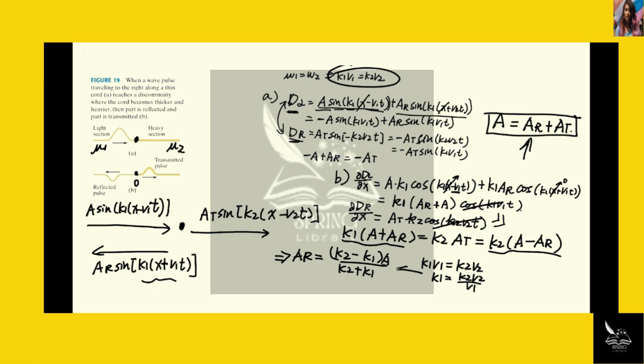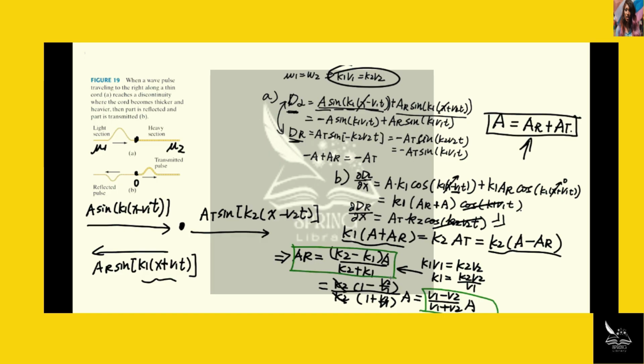If we plug that in, the numerator becomes 1 minus v2 over v1, and the denominator becomes 1 plus v2 over v1, times A. So k2 cancels, and it becomes (v1 minus v2) over (v1 plus v2) times A. This relationship is what we are trying to prove by matching the slope of the chord to the left and right of the origin.